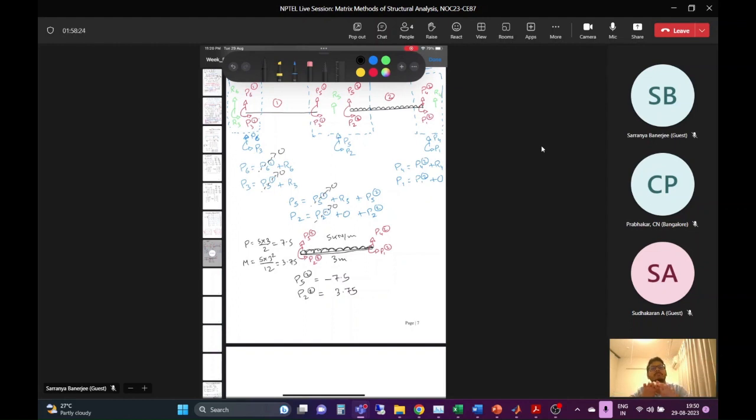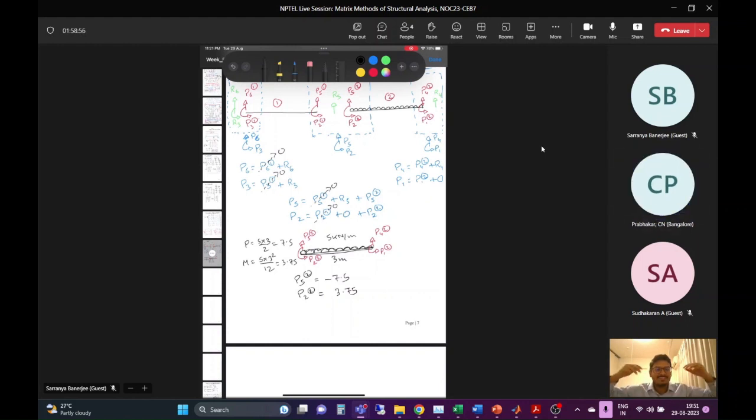If you give a load on top, the load that will get transferred to the two joints would be downwards. And how will the moment be? If there is a UDL, the beam will try to bend like this, so the equivalent joint moments at the two ends would be like this.